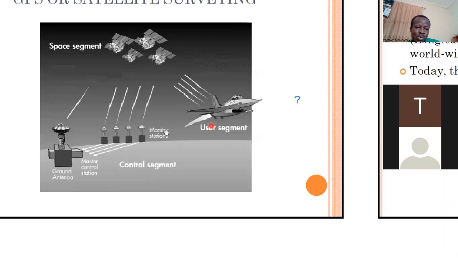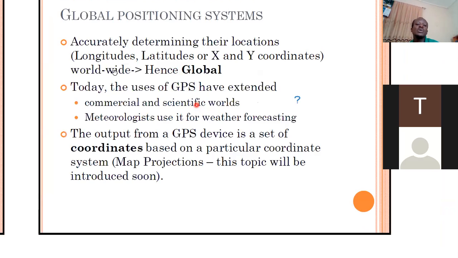So we have the monitoring stations, all of that is part of the control segment, in the orbits, etc. So GPS is very powerful, very useful, and we obtain longitude and latitude, which can be converted to XY coordinates. They work all around the world, so they call them the global positioning systems.